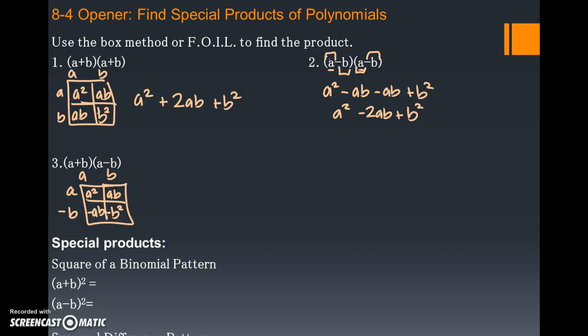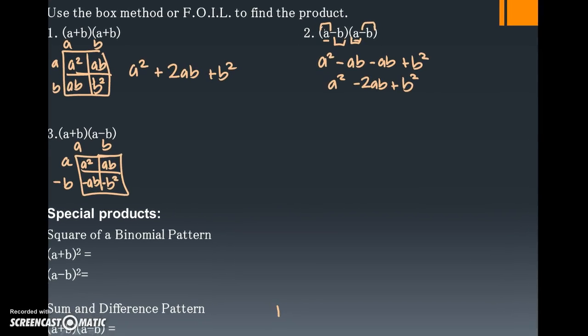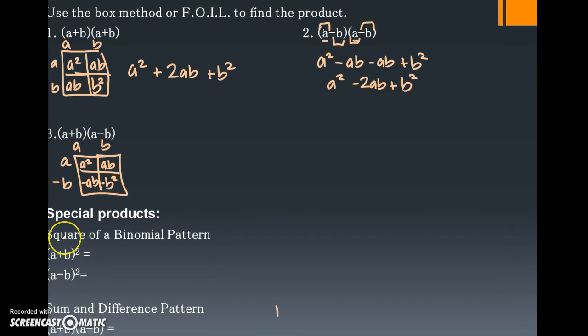Okay, these are important. We have just multiplied these out, and what it does is it proves the properties that we're going to be using right now, actually. So the first one is special product, a plus b squared. Well, a plus b times a plus b is the same thing as saying a plus b squared, because it's the same thing twice.